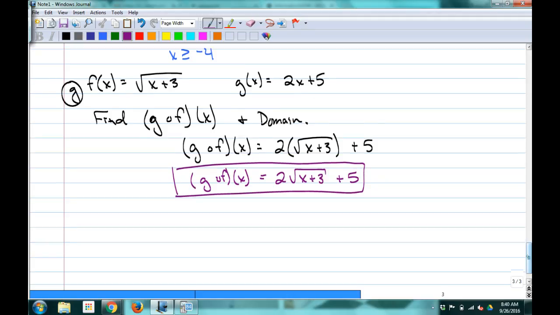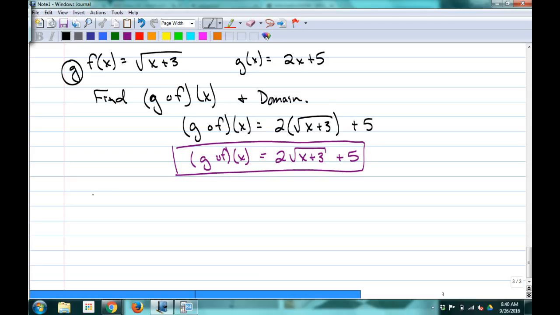Now, let's get the domain. So we're going to look at the domain of what we're plugging into. What's the domain of g of x? -infinity to +infinity, right?